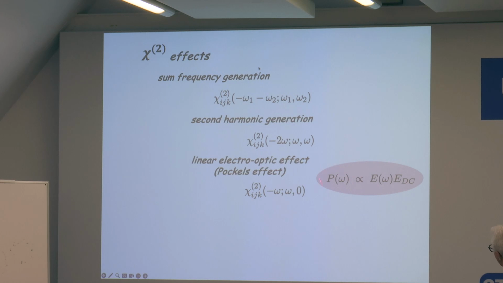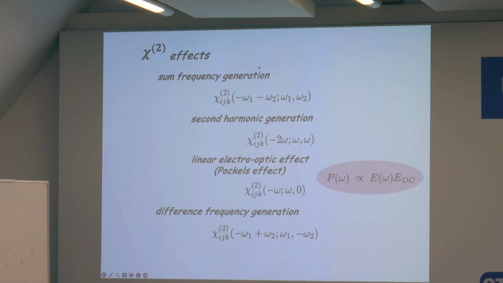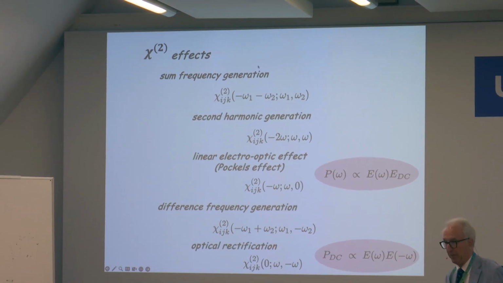And you see, it's like I'm introducing a new linear susceptibility, but here it's proportional to the DC field that I apply. Okay? And then, well, we talked about difference frequency generation. And one case of that is optical rectification. Okay?